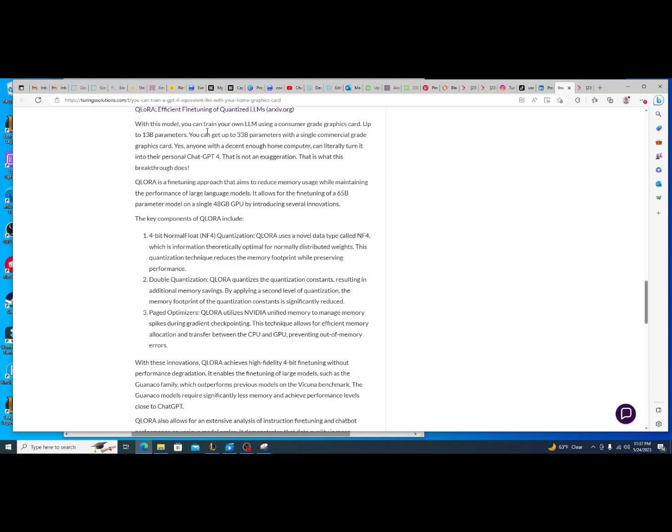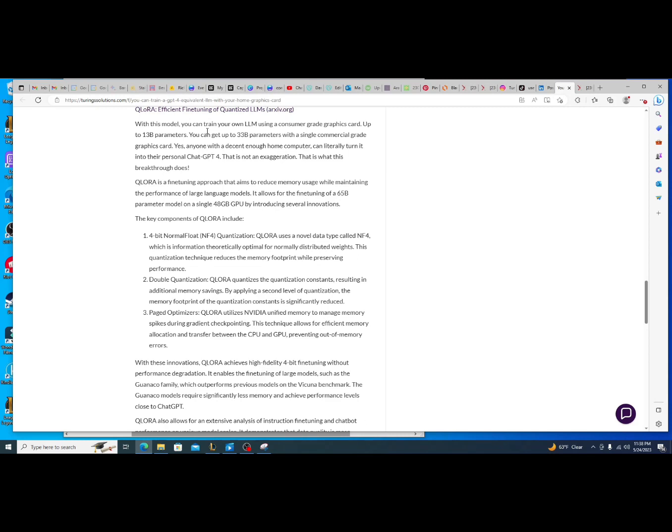As we dive deeper into this, we find more and more that bigger doesn't always mean better. You can get more efficiency gains by focusing on efficiency rather than just going bigger.